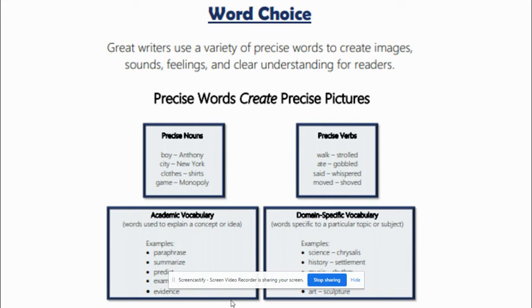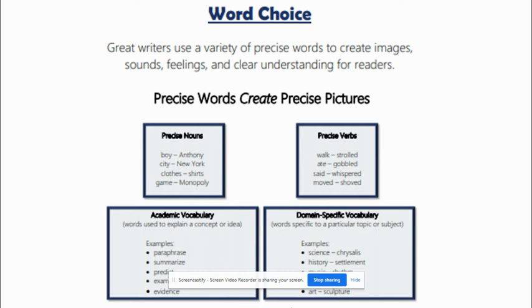And then things like academic vocabulary. When we're talking about reading or writing, you can use words like paraphrase, summarize, predicted, examined, evidence. And domain specific words: if we're talking about science, what's a scientific word that we could use? We could use the word chrysalis.